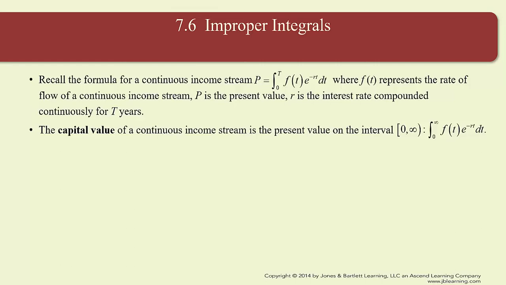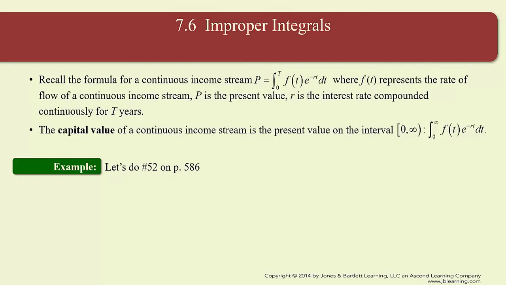So capital value can tell us how much something is worth, which would be important to know if you want to buy something, a business, let's say, or if you want to sell a business, let's say. So why don't we go to the book and let's do number 52 on page 586.